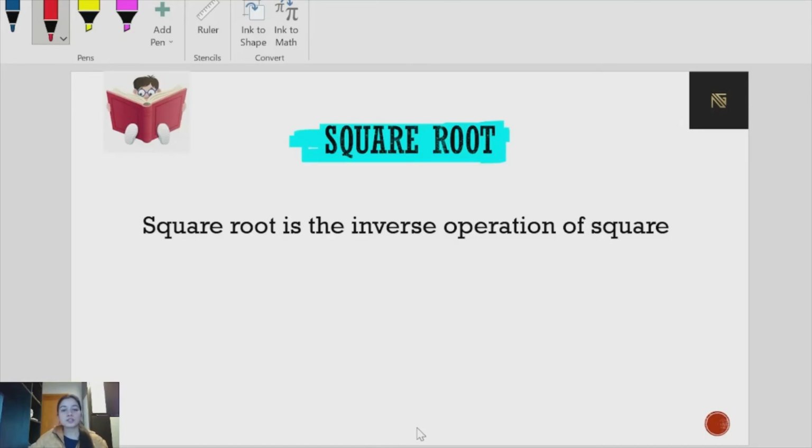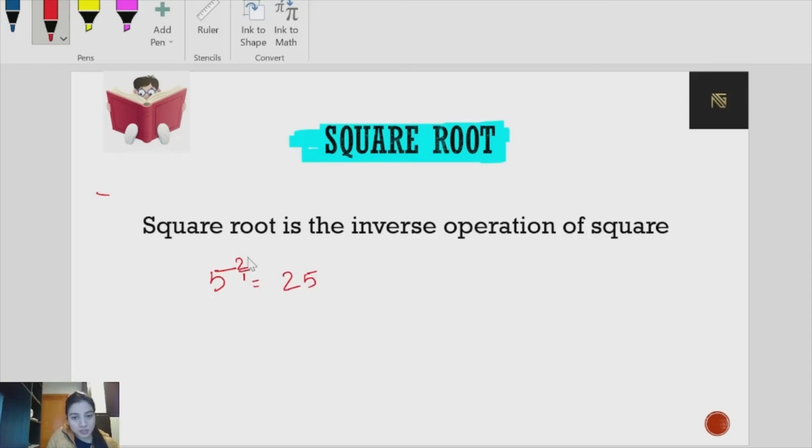And now we will discuss what is the square root. So square root is the inverse operation of square. So suppose I am having 5 square is equal to 25. Here the power is 2 or 2 by 1.